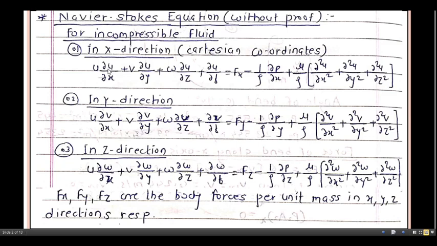Now observe this equation and the previous one. Only the u term is replaced by v here, other things will remain as they are.